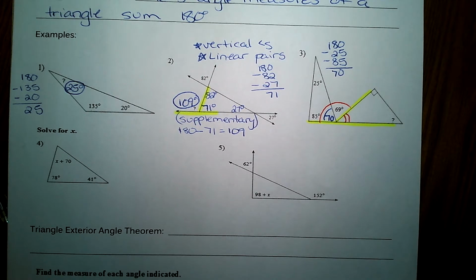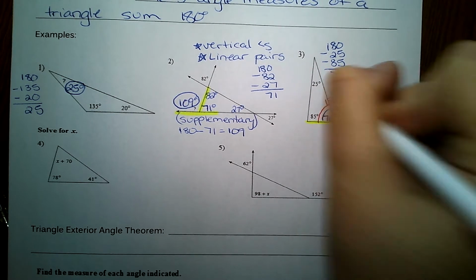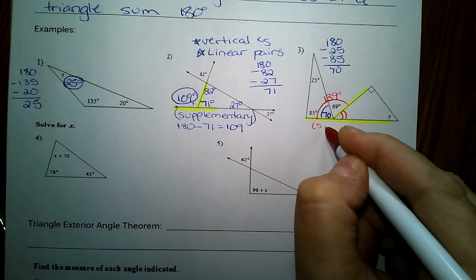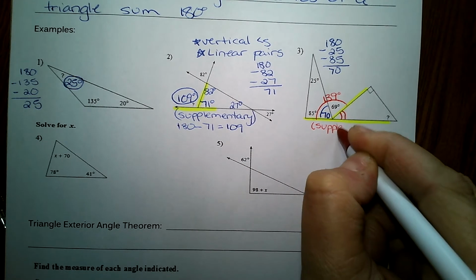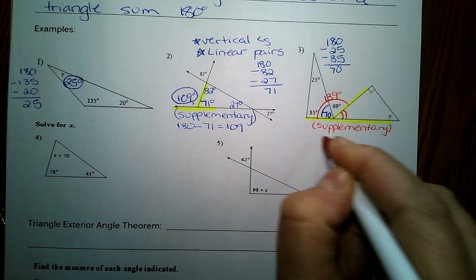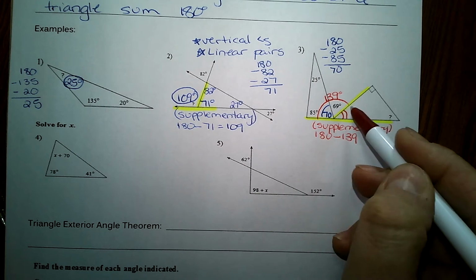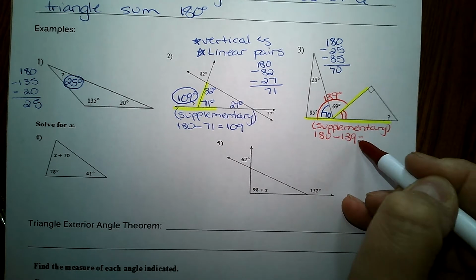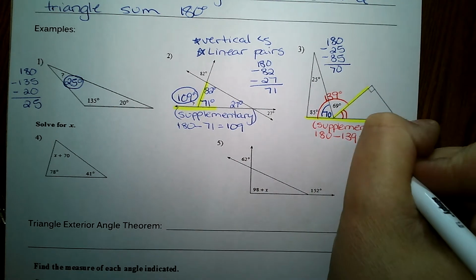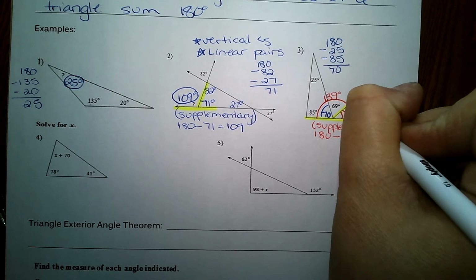Okay, so 70 and 69 added together make this 139 degree obtuse angle. Well, remember guys, linear pairs are supplementary. So 180 degrees, take away that 139, that giant obtuse angle, leaves me with 41 degrees on the inside of this triangle.